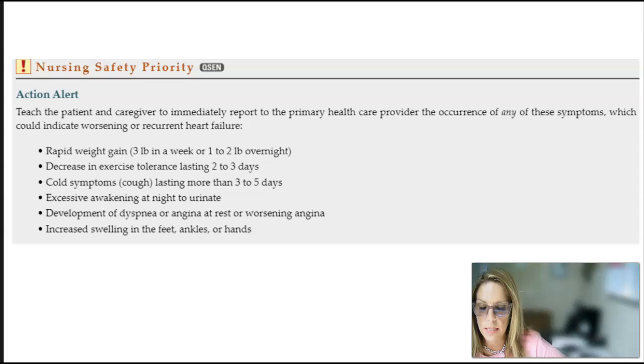So elevating the legs. They might have compression stockings like Ted hose. We might need to be educating on low sodium diet, or potassium in the diet. And then if they're having anxiety due to the lack of perfusion, we want to be giving that nice, calm environment and reassurance.